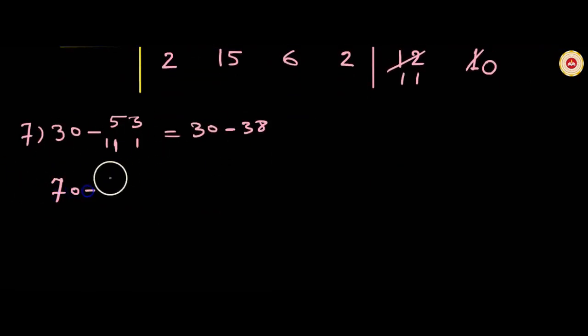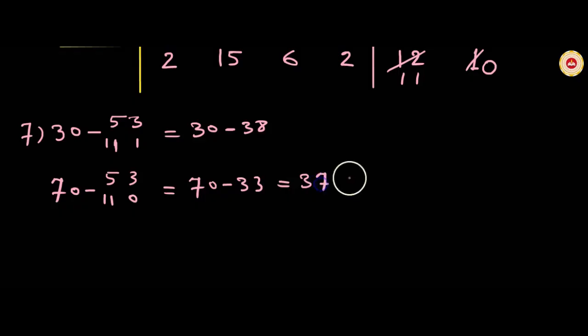So let us repeat this step. 70 minus the cross product of 5 and 3, the two flag digits, with the last two quotient digits, which is 70 minus 5 0s, 0, 11, 3s are 33. So 70 minus 33 is 70 minus 30, 40, minus 3 is 37. 37 is the net dividend.